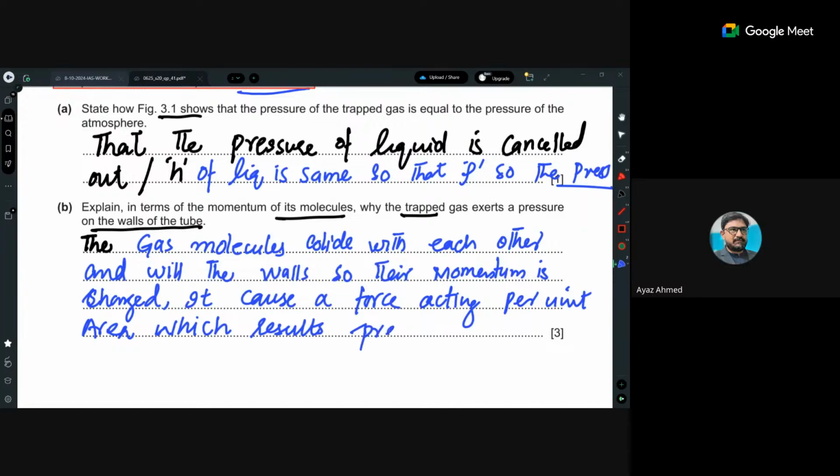Is it clear to you? Yes. Right? This is what I told you to recall. So again I'm saying that recall it. Okay.